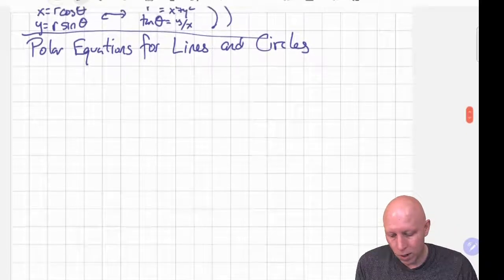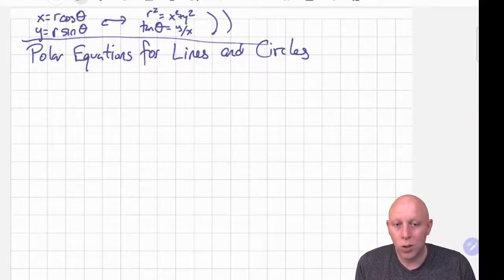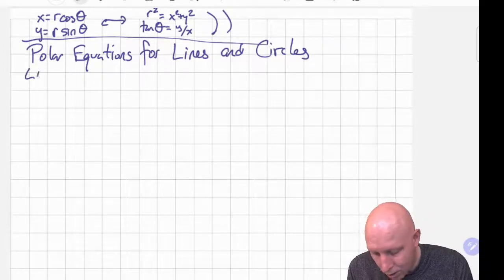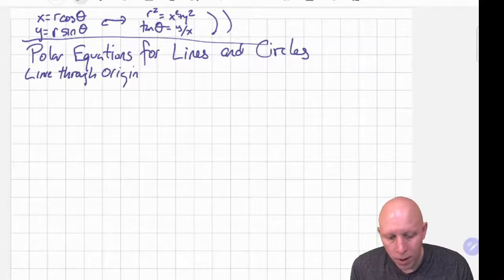And so let's look at two especially special cases. We've got a line through the origin, and we have a circle centered at the origin.